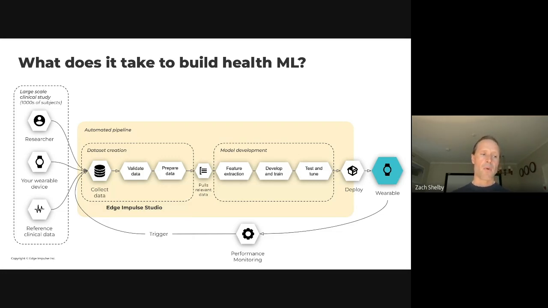And when we talk about clinical data collection for health algorithms, this often involves 1 or more of these wearable devices. It could be your own or an off-the-shelf device combined together with the subjects that we're measuring, together with clinical reference devices.